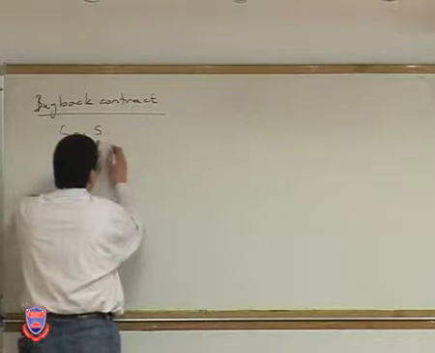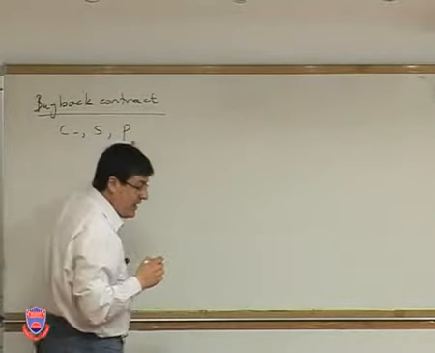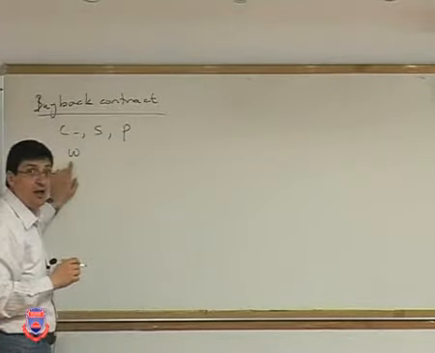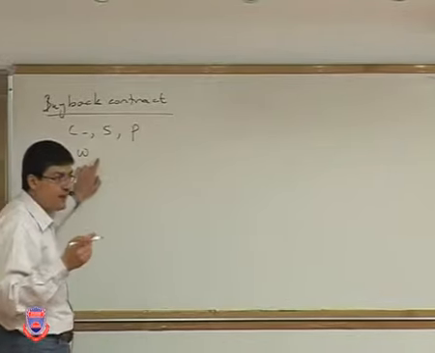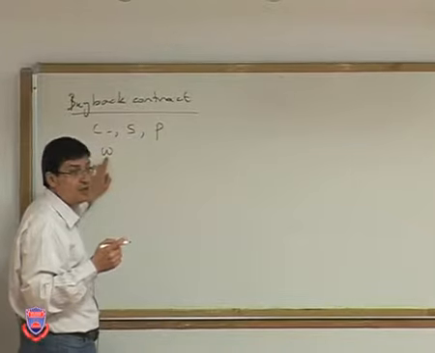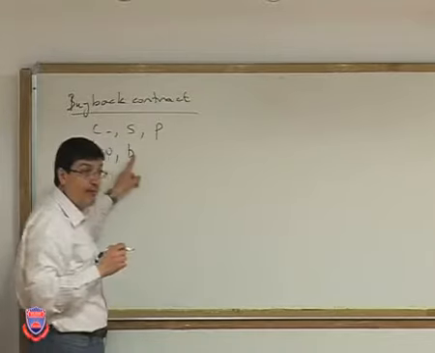These are given values, and then we have the price P. Remember? Now there are two parameters that we want to set. W is the transfer price, the price that the buyer is going to give to the vendor per unit, and B is the buyback price.